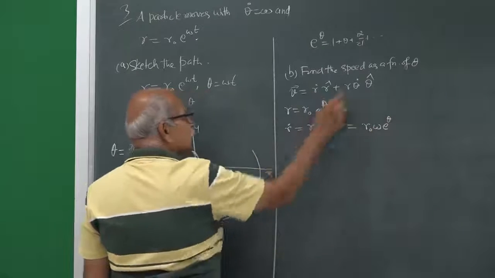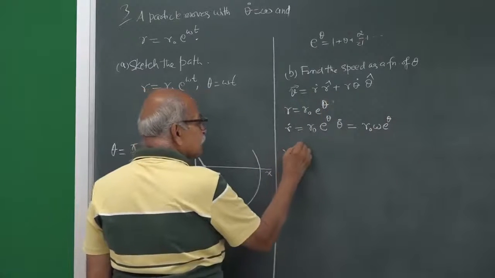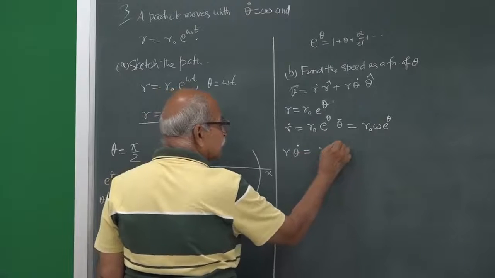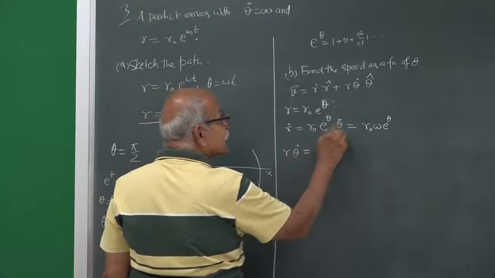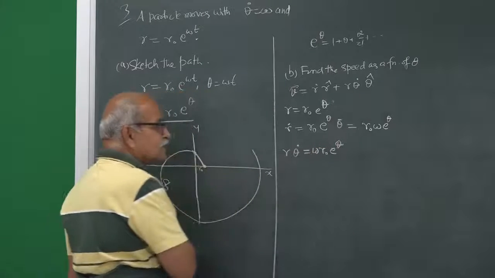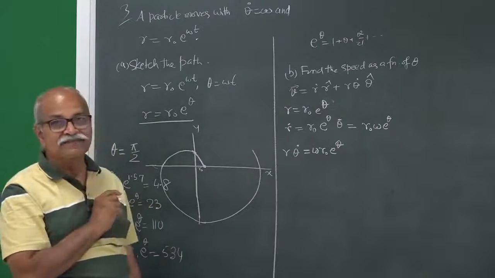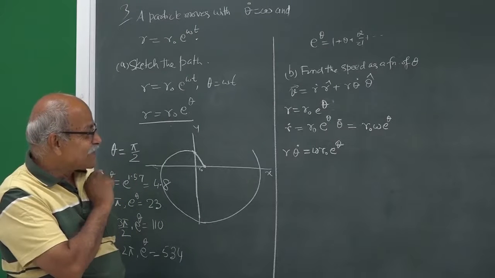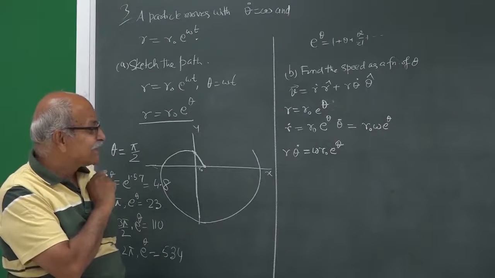This is r dot. And what is r theta dot? R theta dot is r naught e to the power theta, this is r, and then theta dot, and theta dot is omega. So, this is r theta dot. What you see is r dot is same as r theta dot.